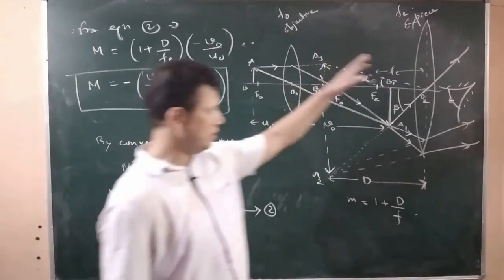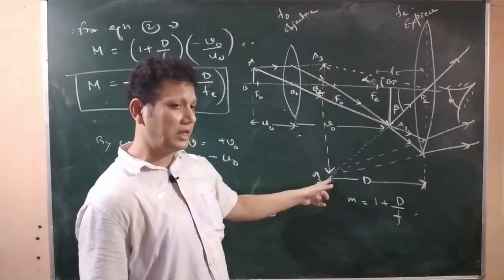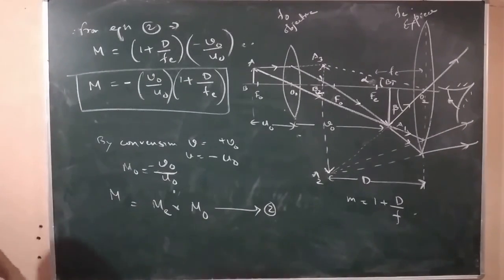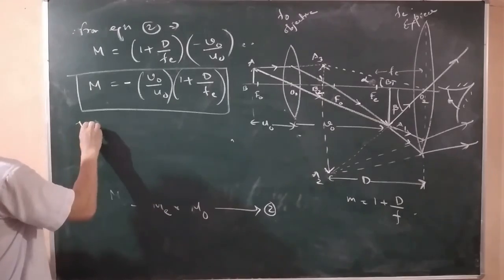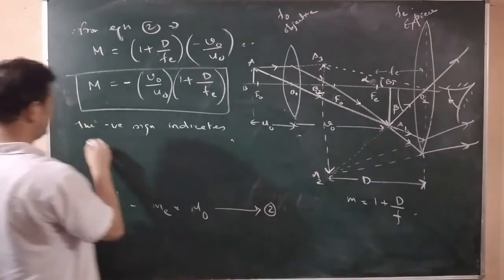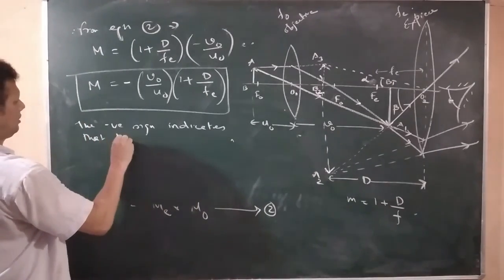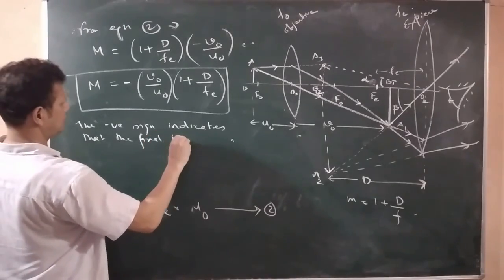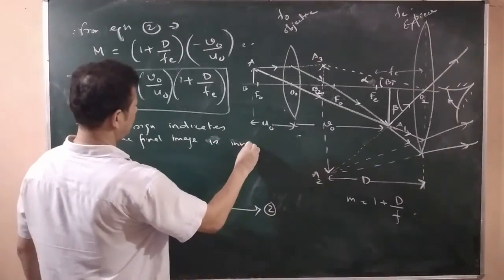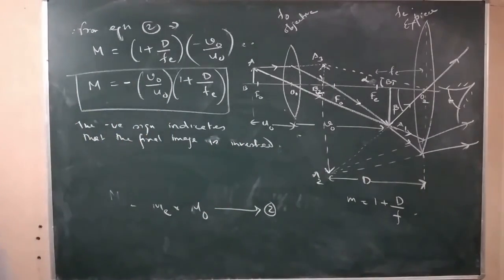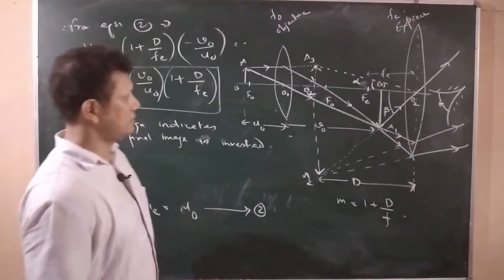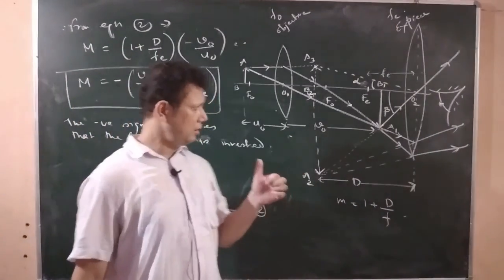That is, how will the observer see this image? Upside down. Yes. So we can write: the negative sign indicates that the final image is inverted, and its magnification is this much.